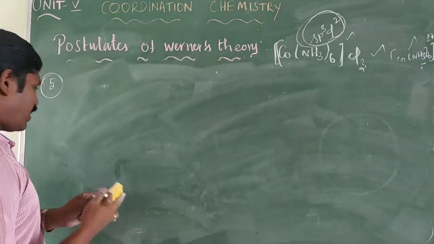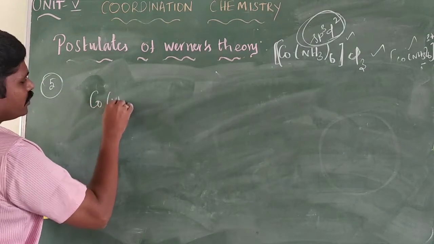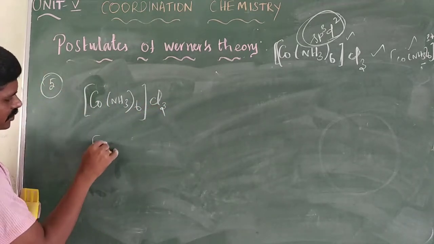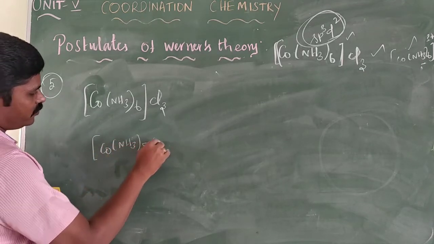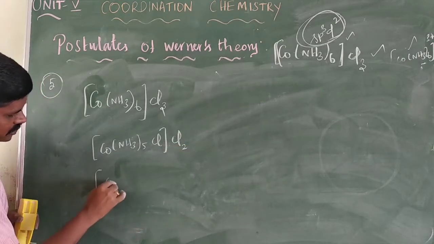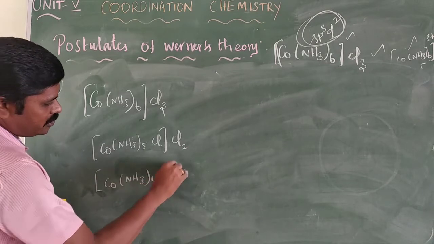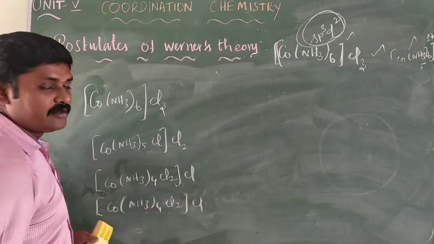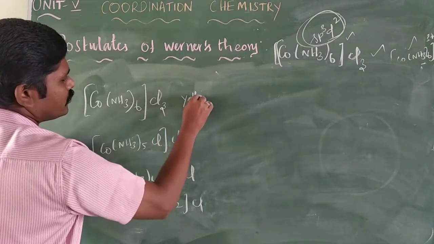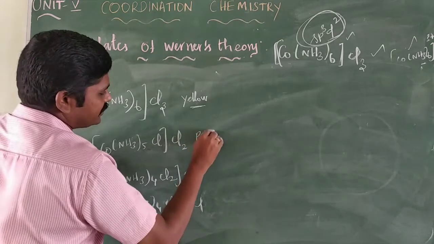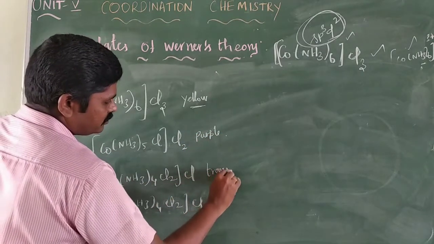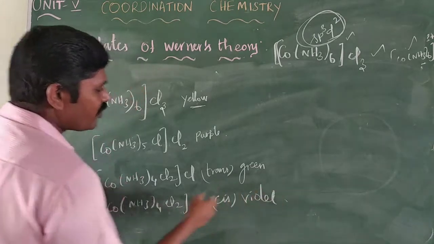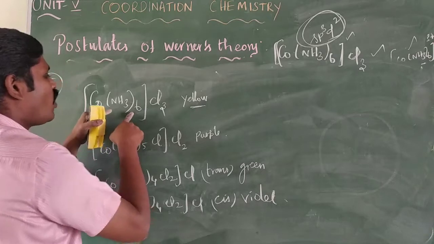Co(NH3)6Cl3, then Co(NH3)5Cl Cl2, then Co(NH3)4Cl2 Cl, two isomers. The yellow color complex, the purple color complex, the trans green color complex, and the cis violet color complex. The coordination number is 6.